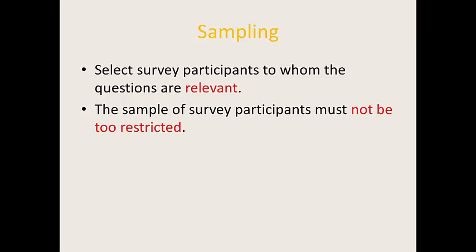For example, if you're doing a survey about online teaching and online learning, it's probably better to send it to people who have taken at least one online course rather than to the general population who have no idea what online education is or how it looks. And of course, at the same time, you have to be careful not to restrict your sample.